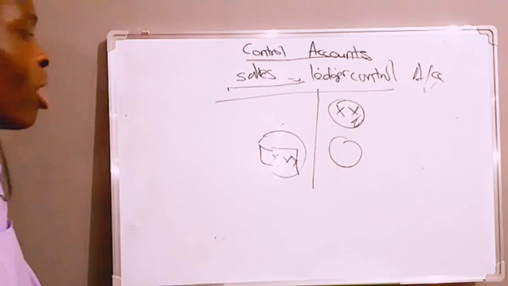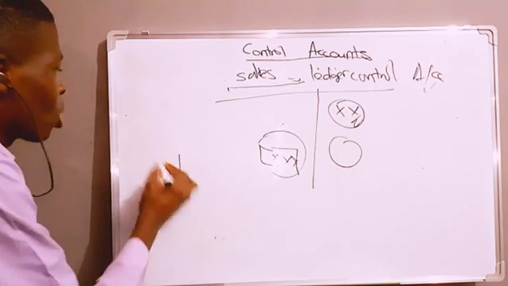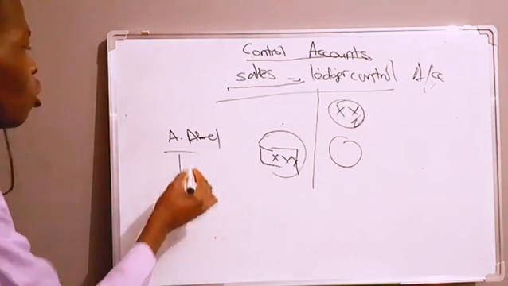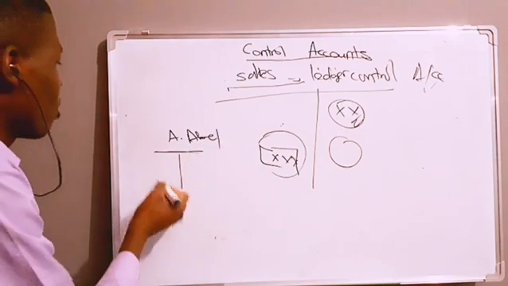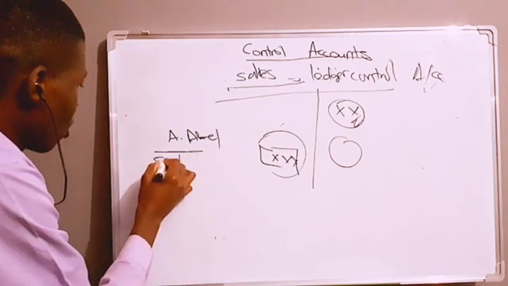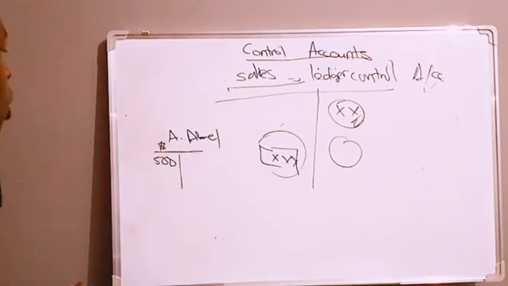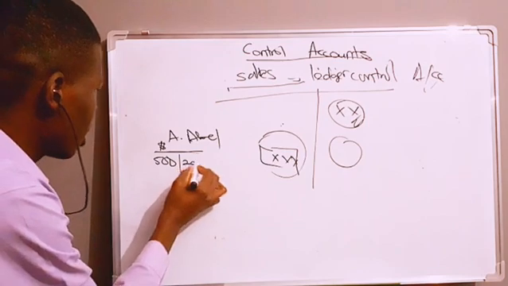Remember, the ledger accounts are personal balances. For example, Abel, how much does he owe the business? He owes the business 500 US. These are individual balances. To trace me, for example, I'm going to pay 200.